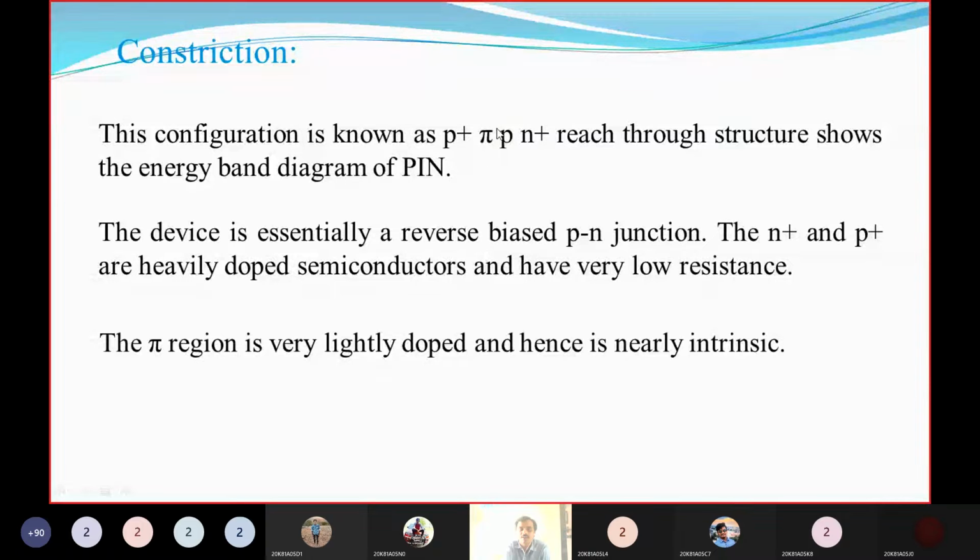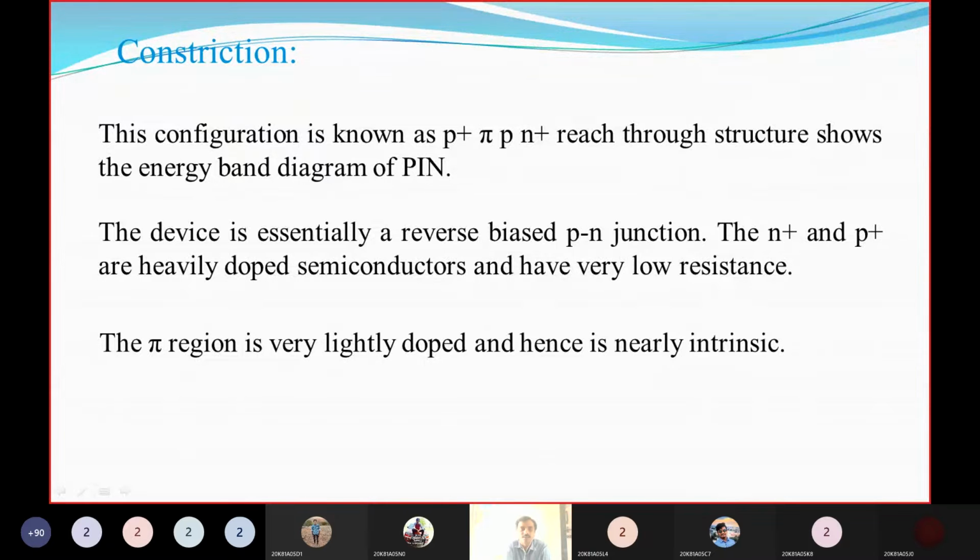P plus means heavily doped P region, the pi region is the intrinsic region, the P region is normally doped, and the N plus region is heavily doped N region. So this is the construction of the APD diode. Here the pi region is very lightly doped, hence it is nearly an intrinsic region.